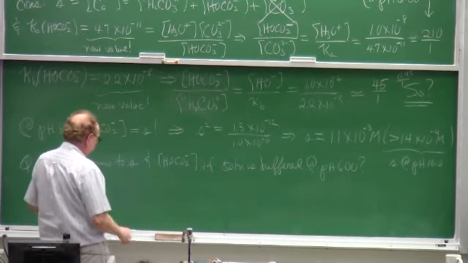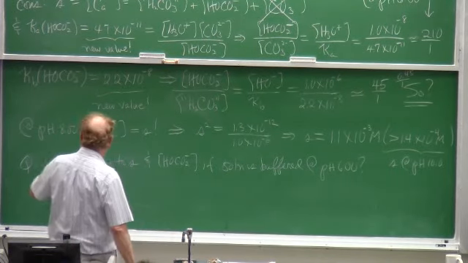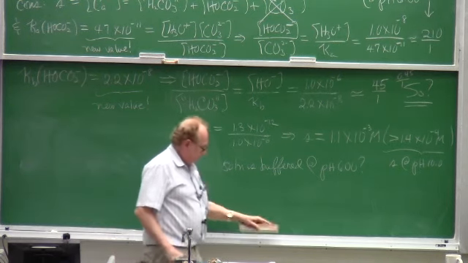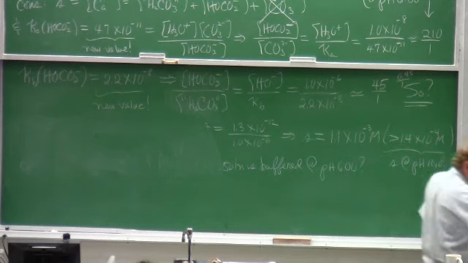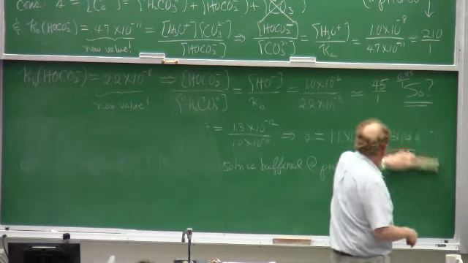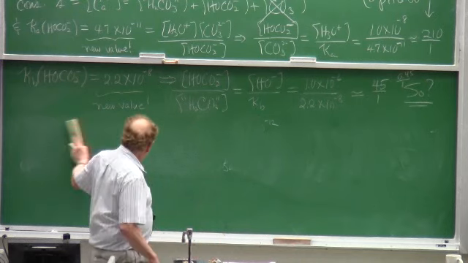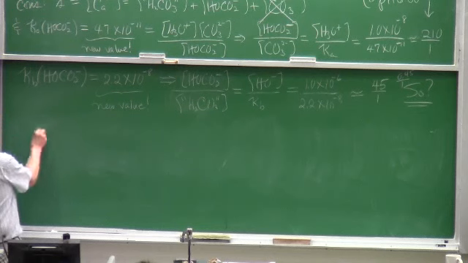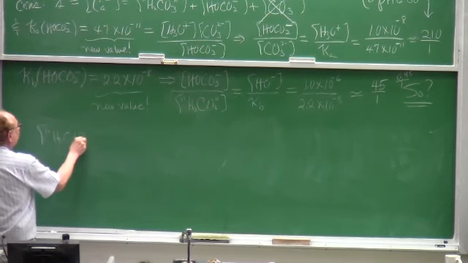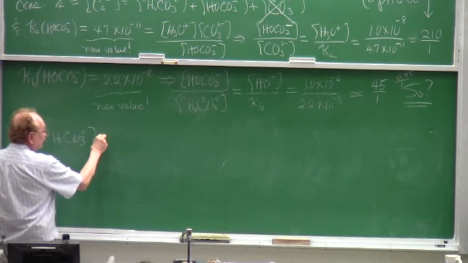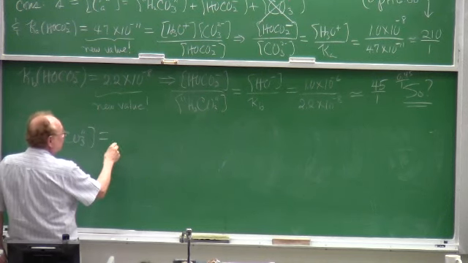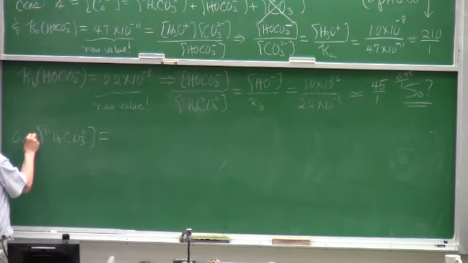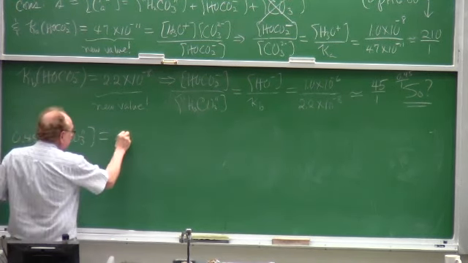Because of this arithmetic that we left on the board, we see that H2CO3 molarity is equal to, this goes up there, or 0.45 H2CO3 molarity is equal to this.